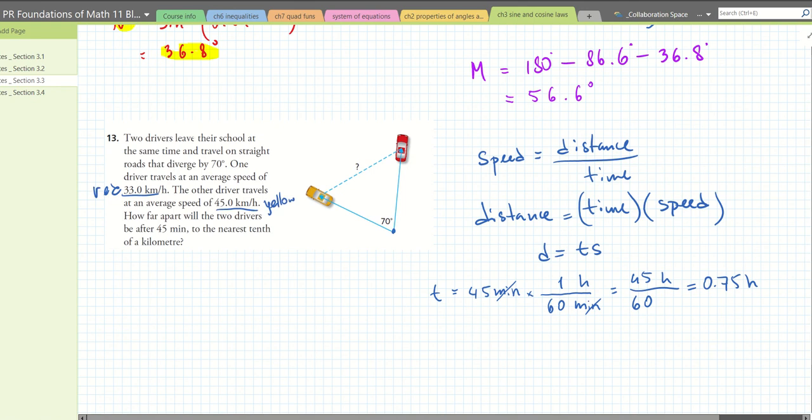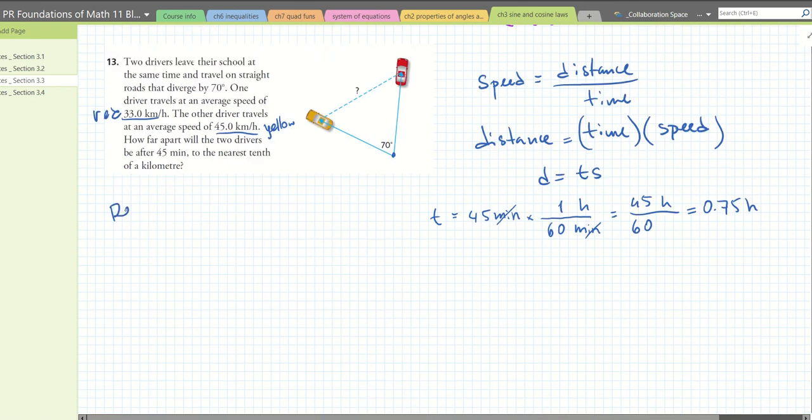Okay, so the red car traveled for, again, 0.75 hours. So the distance for the red car is going to be the time, 0.75 hours, times the speed. The red is 33.0 kilometers per hour, right?